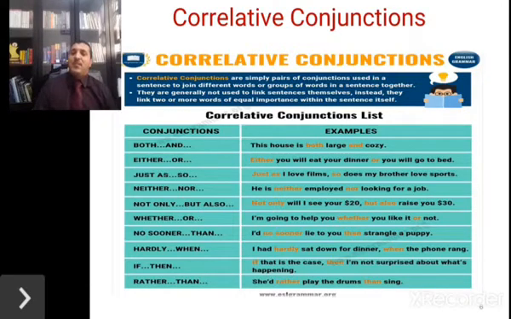So for example, here in the list, both and. This house is both large and cozy. You are both smart and handsome. Your house is both large and beautiful. Your son is both cute and smart.